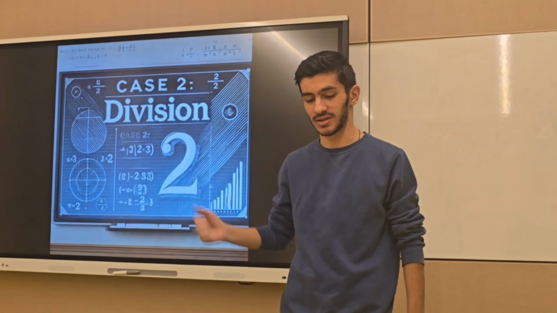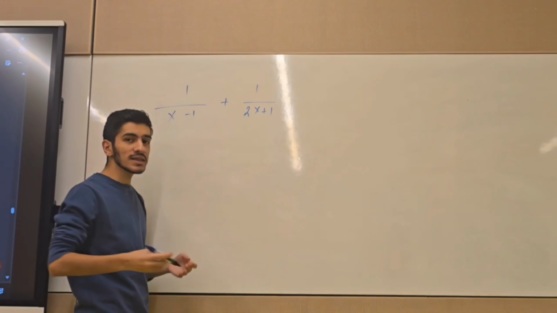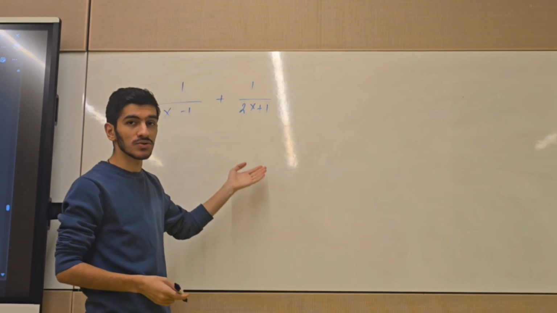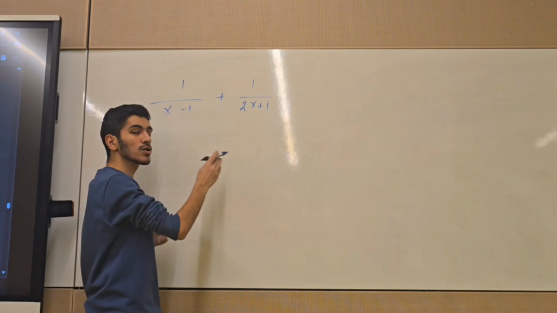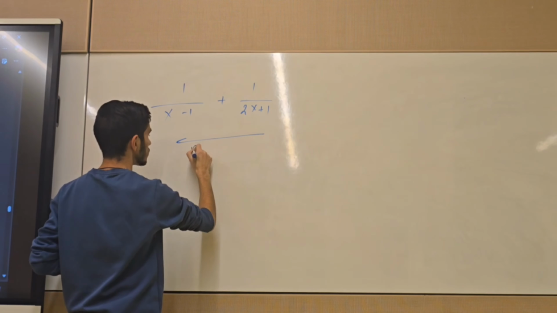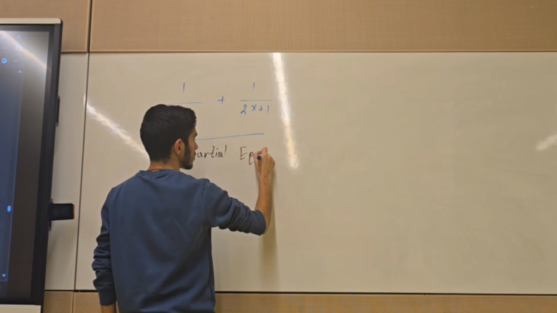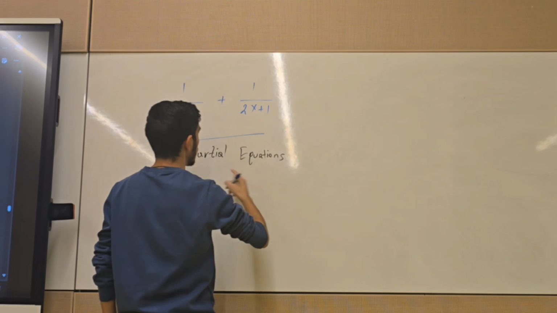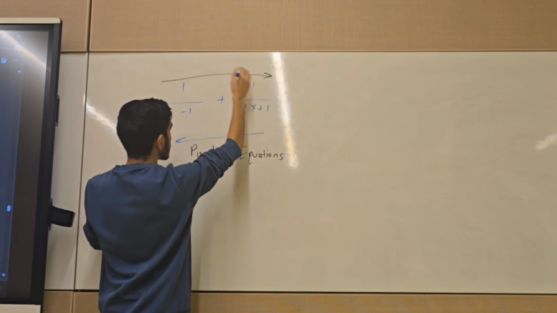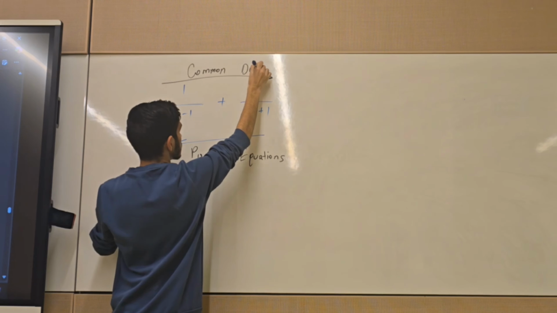So let's dive in. As an example, to write a sum or difference of multiple fractions, we just need to make them a common denominator.